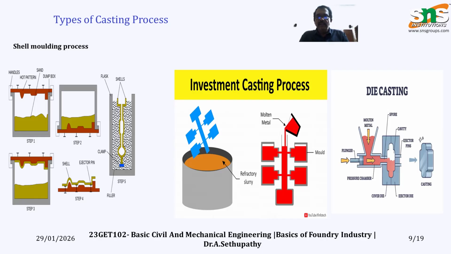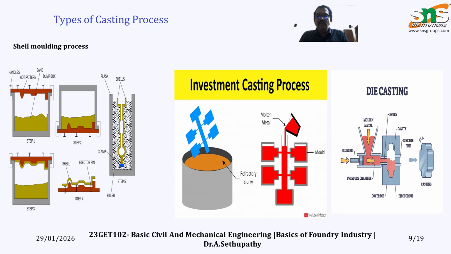The wax is eliminated by the process, and we get a mold with the shape and size of the wax. So the patterns are created in wax materials, hence the casting's name, investment.